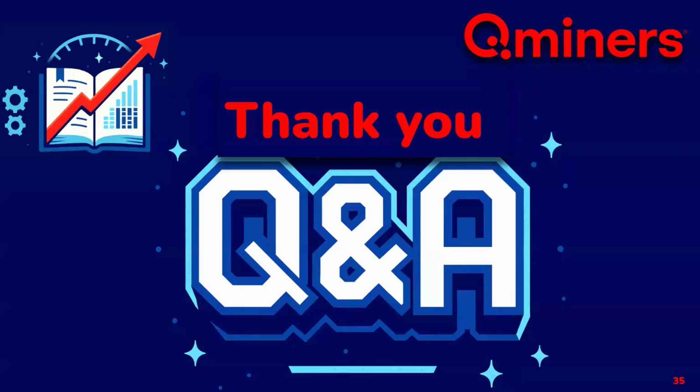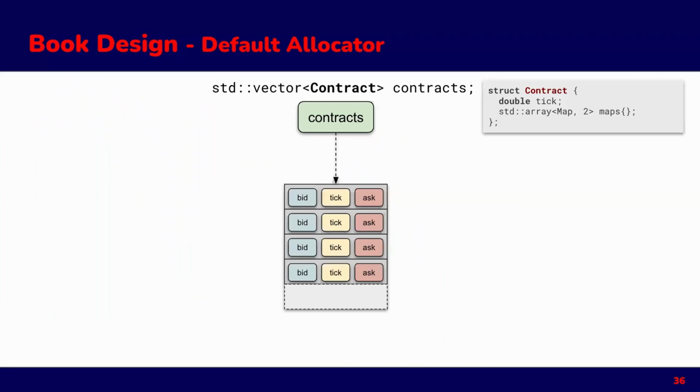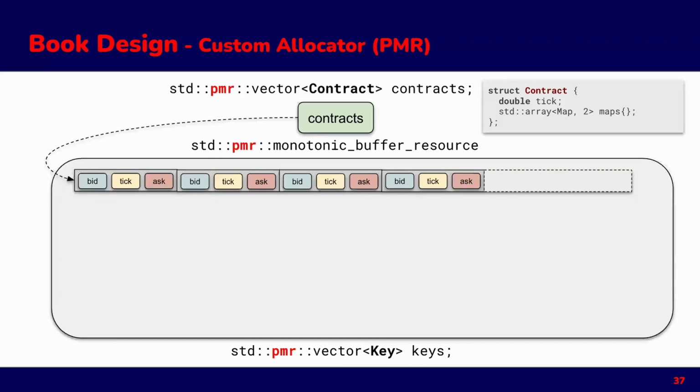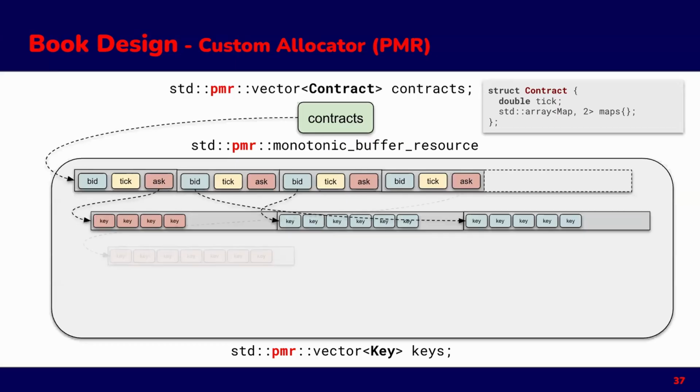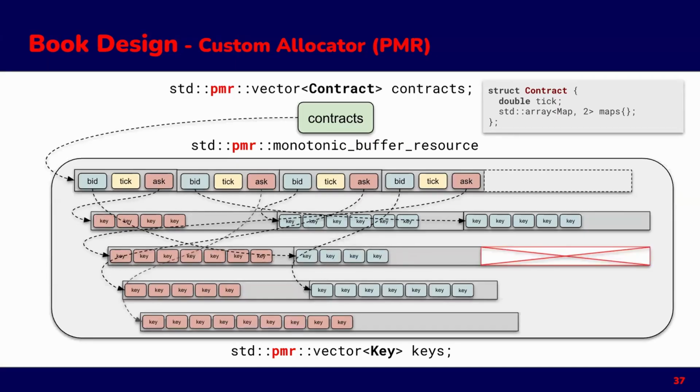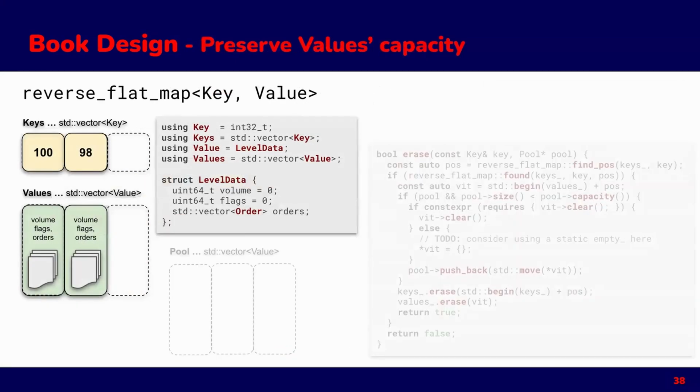Okay, do you mind if I fly through? Maybe I can show you one measurement which demonstrates the branch predictor penalty from, as we mentioned, the branchful and branchless versions of the side lookup. This is the PMR, polymorphic memory resource, used for a more compact memory layout.